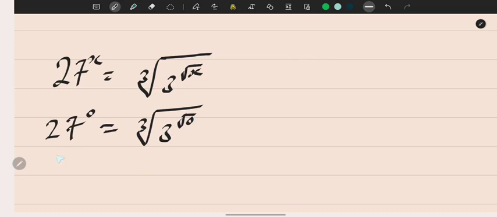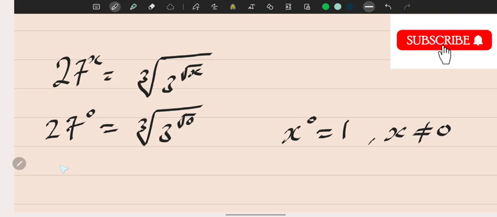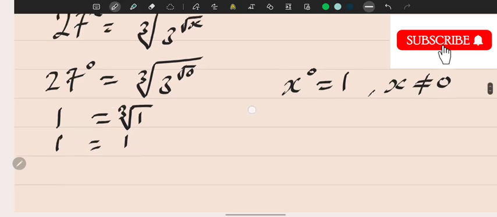Any number raised to the power of 0 is 1, except 0 raised to the power of 0. So 27 raised to the power of 0 is 1, and the square root of 0 is of course 0, and 3 raised to the power of 0 is 1. The cube root of 1 will also give us 1. So 0 satisfies the equation.